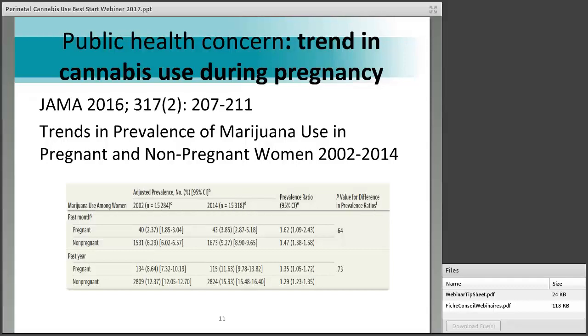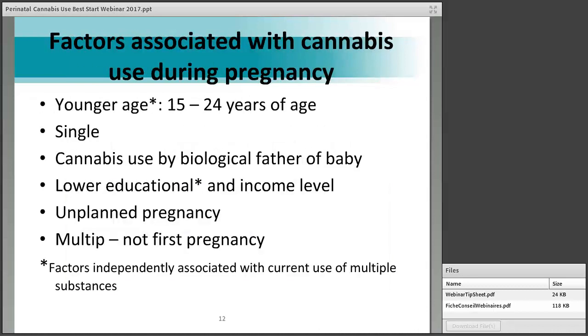So there is a trend of increased use and therefore more worry about the adverse consequences of prenatal marijuana exposure. And similarly, past year use among pregnant individuals also increased from 8.6% to 11.6%. And obviously, not surprisingly, the trends we're seeing in pregnant individuals is mirroring what's happening in the non-pregnant population or the general population.